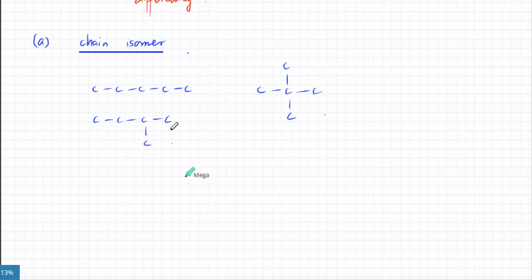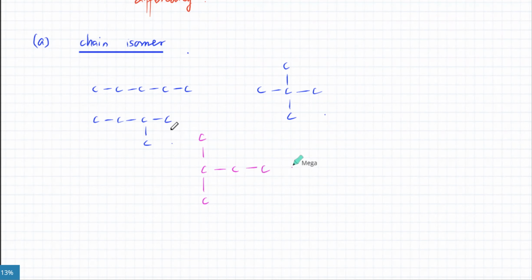Like if I say I have a molecule and the molecule looks like this. So it looks like this, right? 5 carbon atoms.